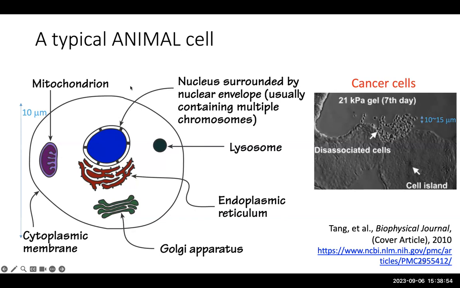If we look at the whole cell like a city, then this nucleus is the city hall. Okay, government is there, and then endoplasmic reticulum, ER, is the post office.